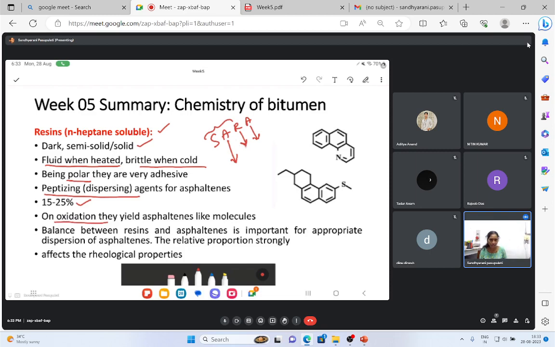Resins being polar in nature have the capability to react with any other polar molecule. Let us say when these resins react with oxygen, they can be converted into asphaltenes. So on oxidation, they yield asphaltene-like molecules. So the balance between the resins and asphaltenes is important for appropriate dispersion of asphaltenes. Okay.